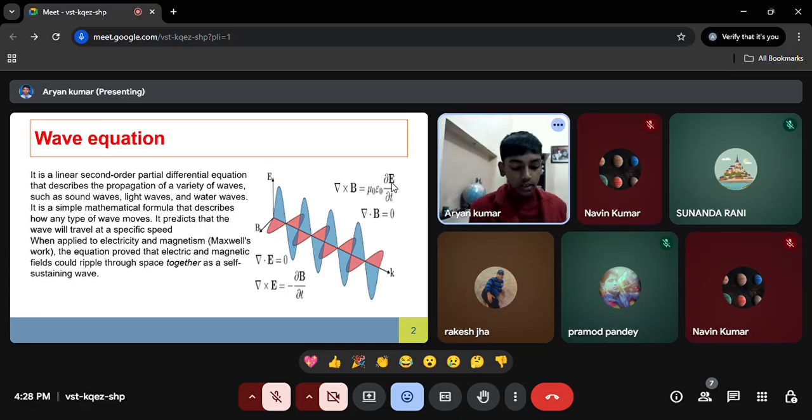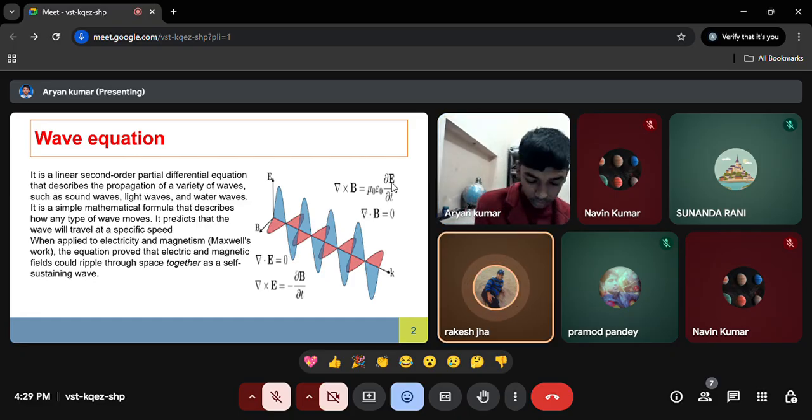Okay, so I'm talking about flux in electromagnetism. Do you know about it? Aryan, I think it measures the total magnetic field passing through a given surface area.